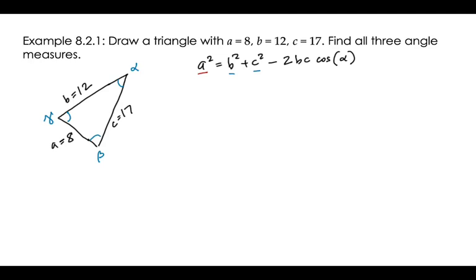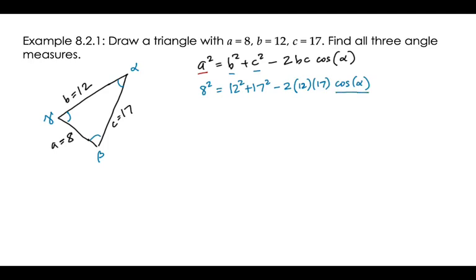The only thing I don't know is angle alpha, so that's what I'm solving for. Side length a is 8, so I have 8 squared equals 12 squared plus 17 squared minus 2 times 12 times 17 times cosine alpha. I'm going to be solving for cosine alpha.